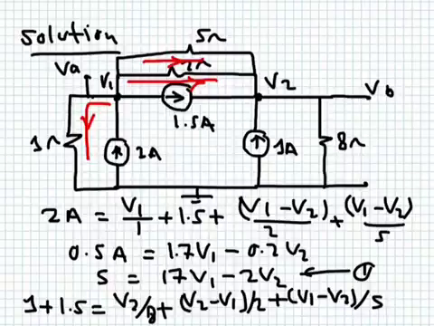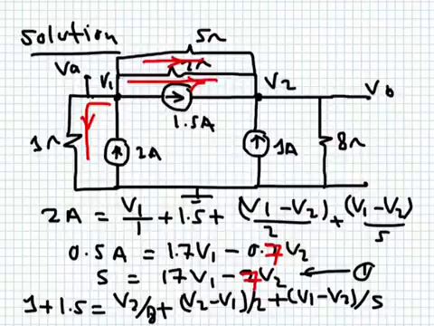This one is 1/2 V2, and this one is 0.2 V2, correct? So this here has to be 0.7 V2. This one was written the wrong way. Anyway, you can simplify this equation, and you can divide by 7. It's very easy to make mistakes in these formulas unless you are paying attention.